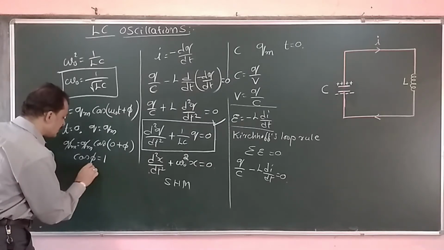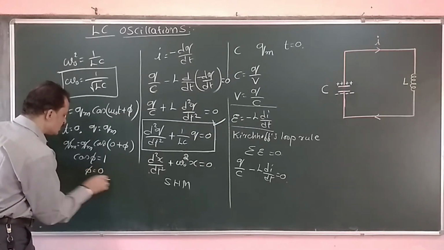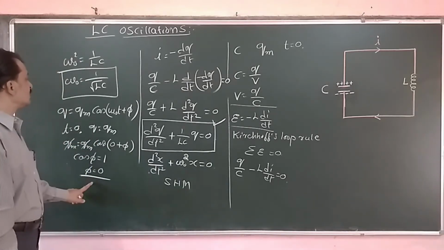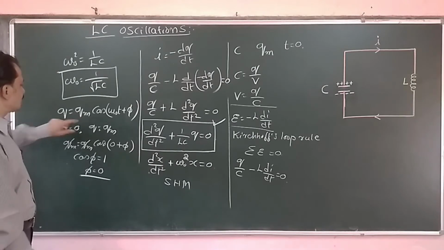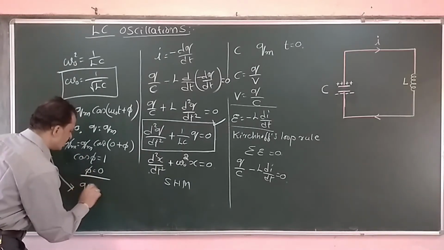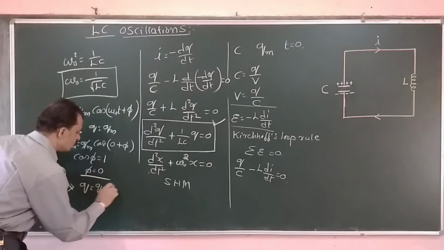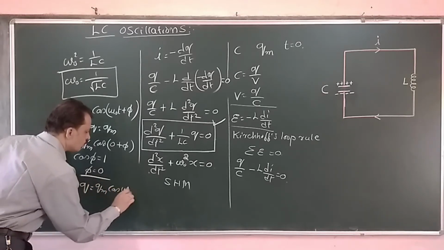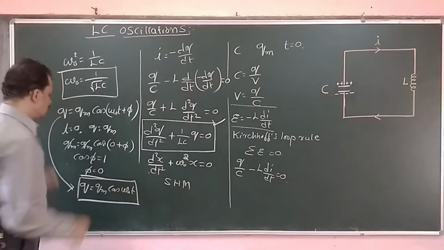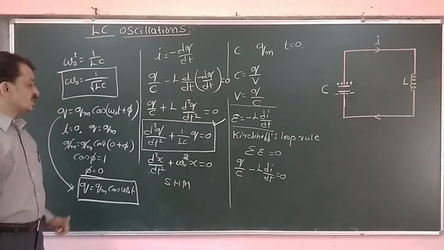Then what is the phase angle? It is equal to 0 here. The initial phase angle is 0, and hence this equation reduces to Q is equal to Qm into cos of omega naught t. That is the equation of the charge.